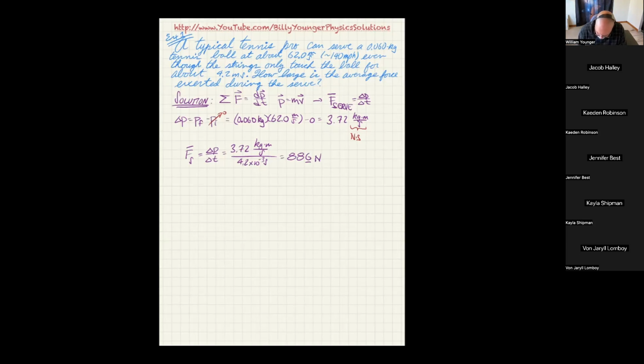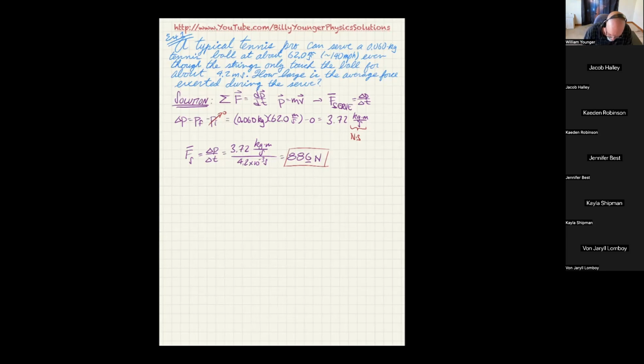Now, that's actually a pretty good size force. I think you guys recall that a Newton is about a quarter of a pound. Let me give you an idea what this is in pounds, and I'll even make an estimate of roughly how much weight in kilograms a person could weigh such that this hit would be big enough to pick that person up.